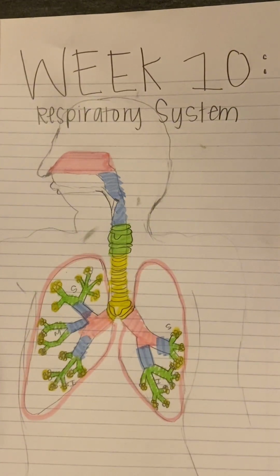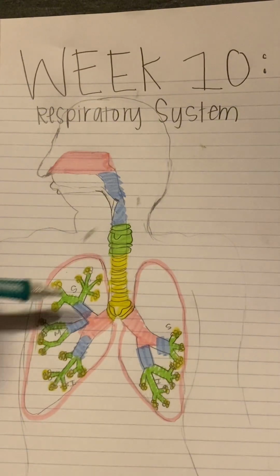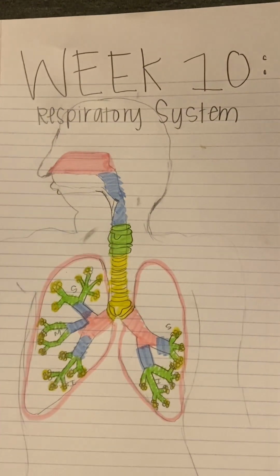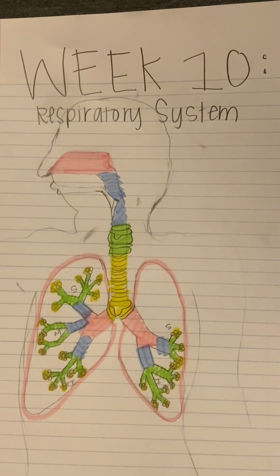Then the middle cartilage is known as the thyroid cartilage right here, and that is responsible for shielding the throat and offers protection. It also has another name, the Adam's apple. And then we have the cricoid cartilage, which is the bottom cartilage right here, and that is responsible for physically connecting the larynx to the trachea.